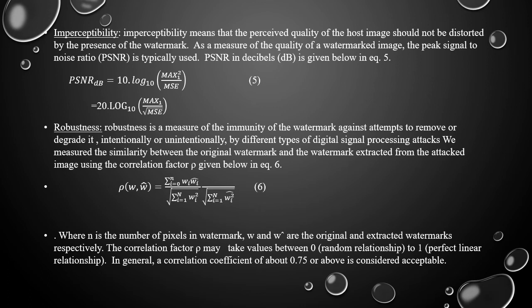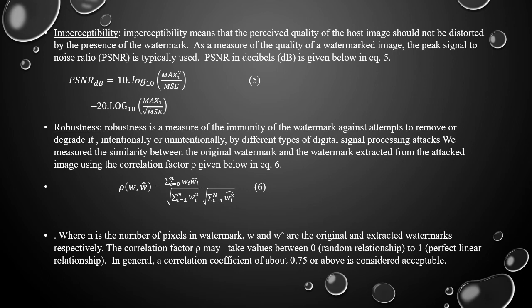They are imperceptibility and robustness. Imperceptibility means the perceived quality of the host image should not be distorted by the presence of the watermark. PSNR is used to measure this quantity of the watermark image. The full form of PSNR is peak signal to noise ratio. PSNR is measured in decibels.